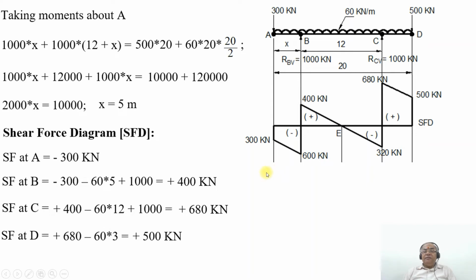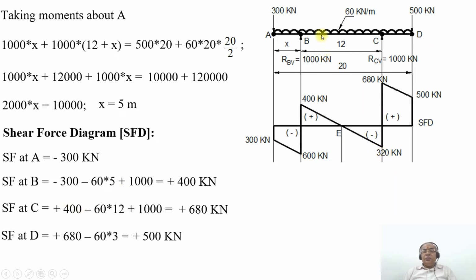SF between B and C will be equal to plus 400 minus 60 into 12, which is plus 400 minus 720, equal to minus 320 kilonewton.